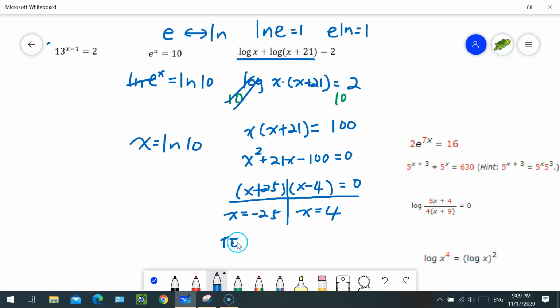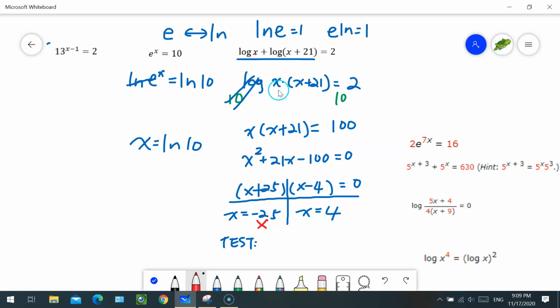Now we need to do the test. So when I plug the negative 25 back into the equation here, I will get log negative 25. So log of a negative number is not defined, so we cannot take negative 25 as a solution.